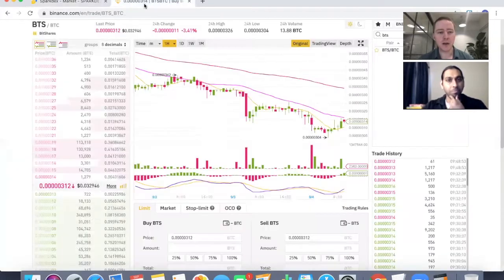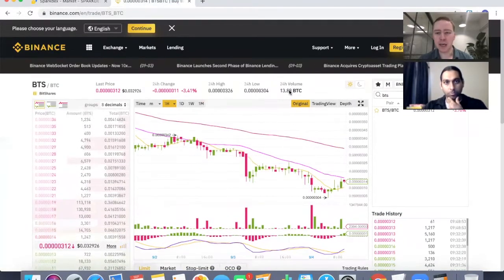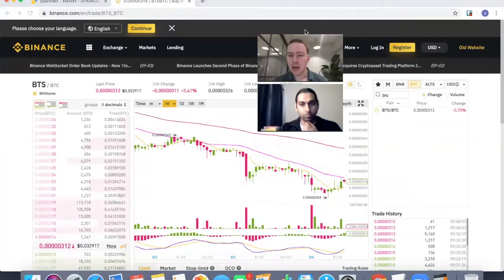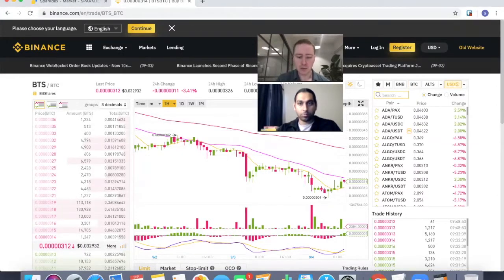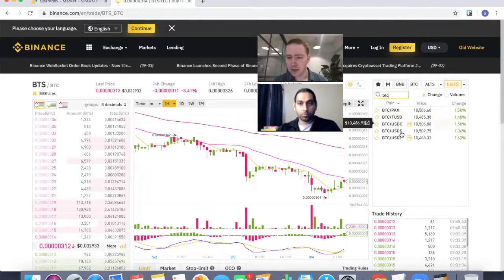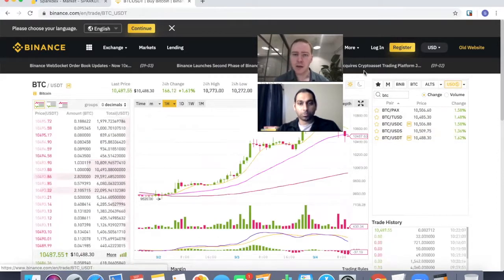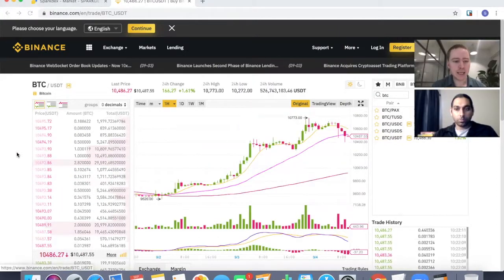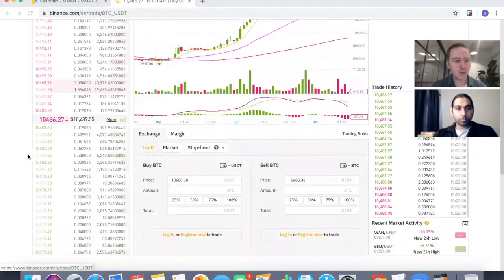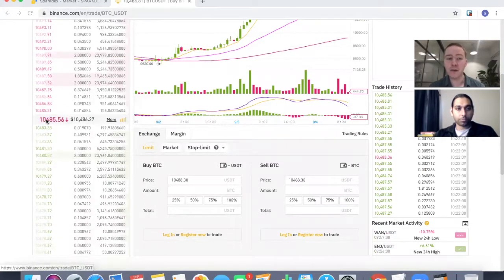Now, if we compare that with, say, the Binance price, and we go USD, BTC, something like that. This one, the USDT price is the most liquid one. So we can see here that the actual price on Binance is 10,485, right?